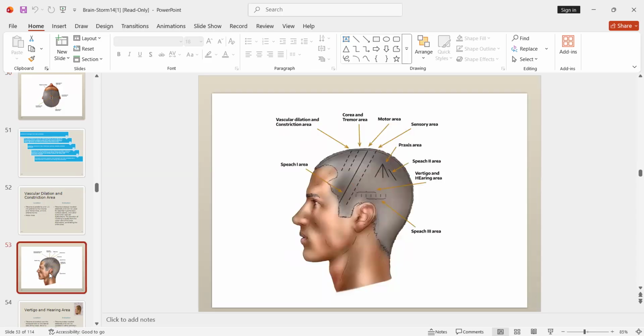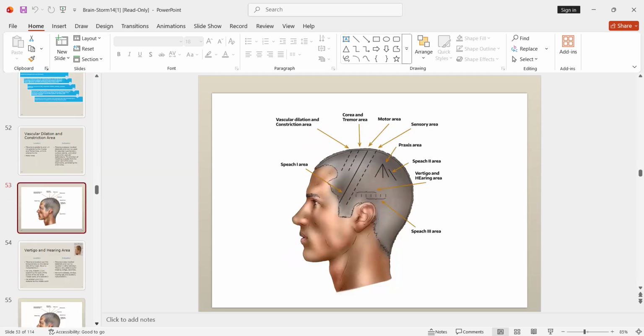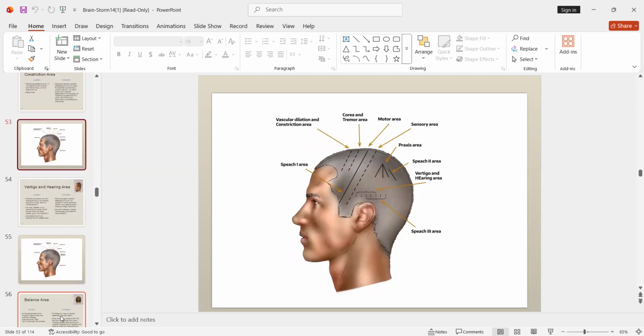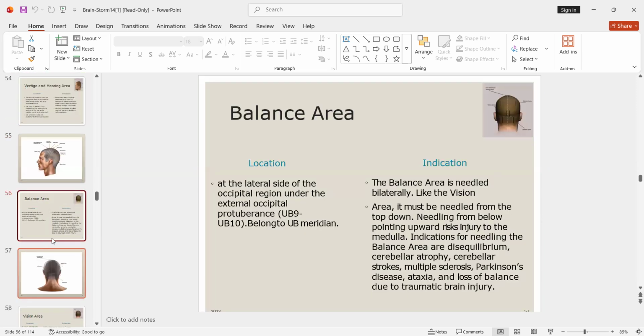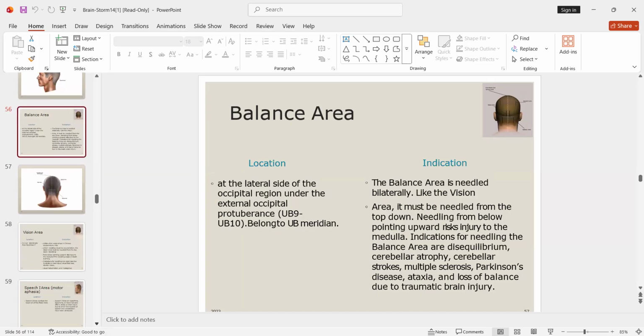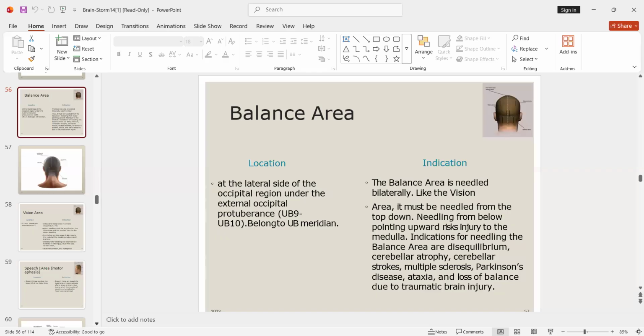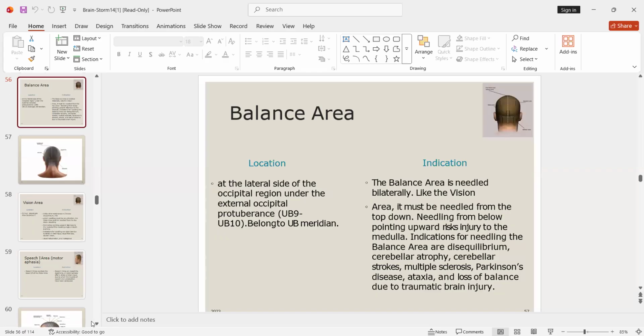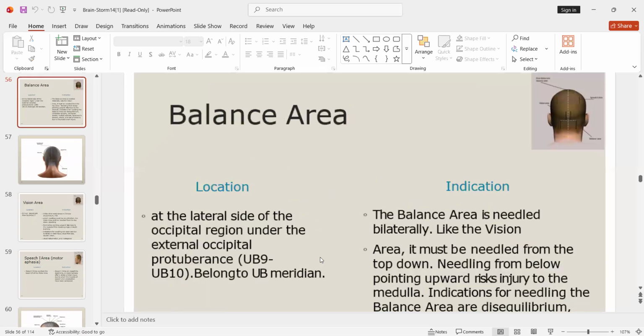Balance area 56. Show the picture in big size.